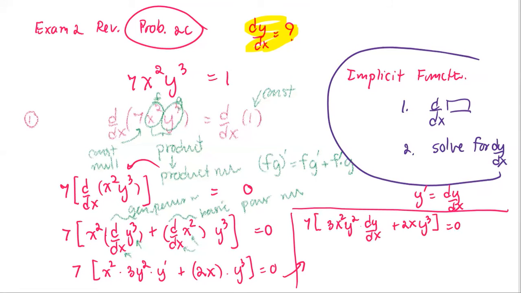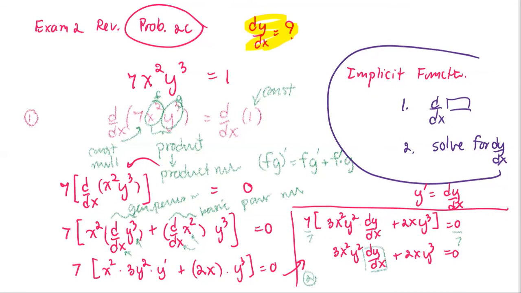And 7 is the constant multiple outside of the bracket. I divide both sides by 7 to get 3x squared y squared dy by dx plus 2x y to the third equals 0. Next step, we are going to solve for dy by dx, which is step number 2.